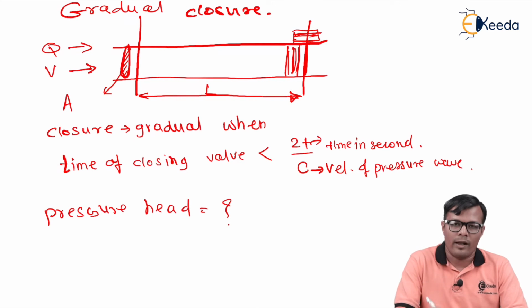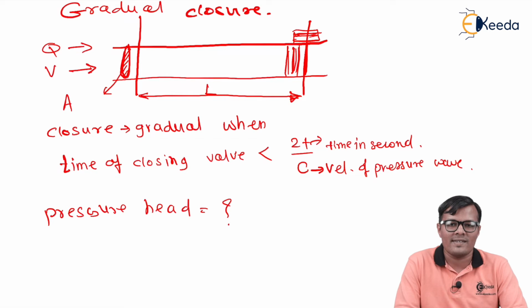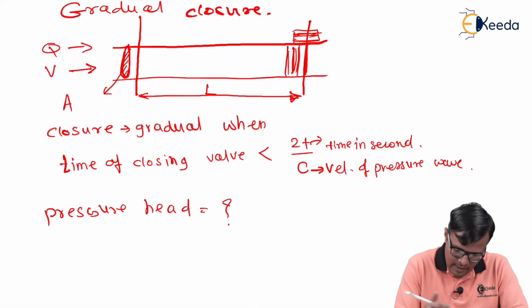To calculate pressure head, first we will calculate pressure. To calculate pressure, we will calculate force. To calculate force, we will consider various basic relations to be followed in the gradual case. So let's see the derivation.